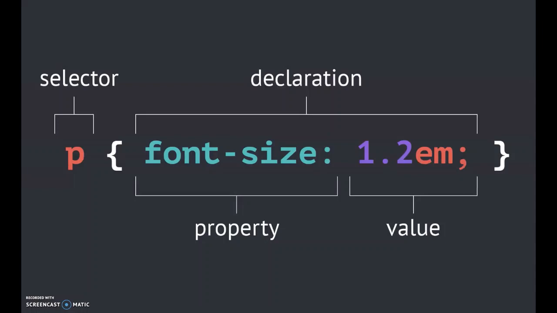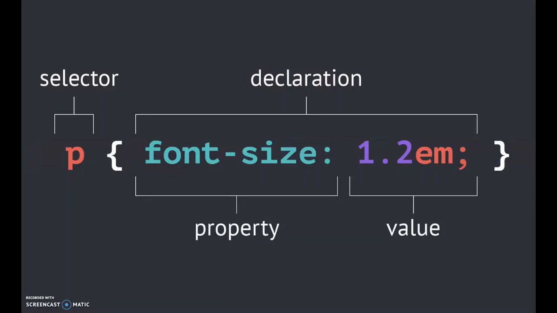Okay, so here's an image I have of the basic format of CSS. On the left side, I have a selector. The selector tells me what HTML element I'm going to be styling. In this case, this would be P, which stands for paragraphs.